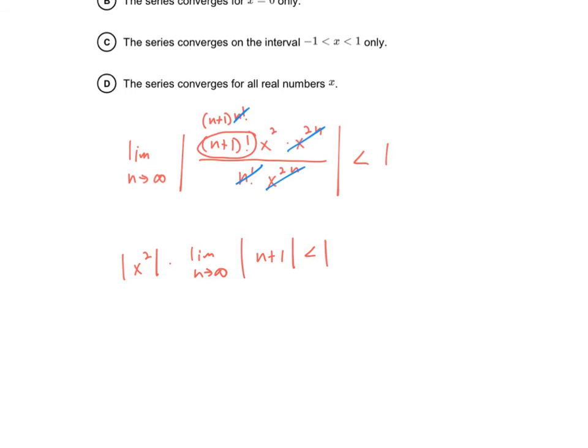Oh, actually, never mind. This is going to go to infinity no matter what. For some reason I was thinking x could change, but x is some constant that is going to get multiplied by infinity, which is going to make this still infinity.